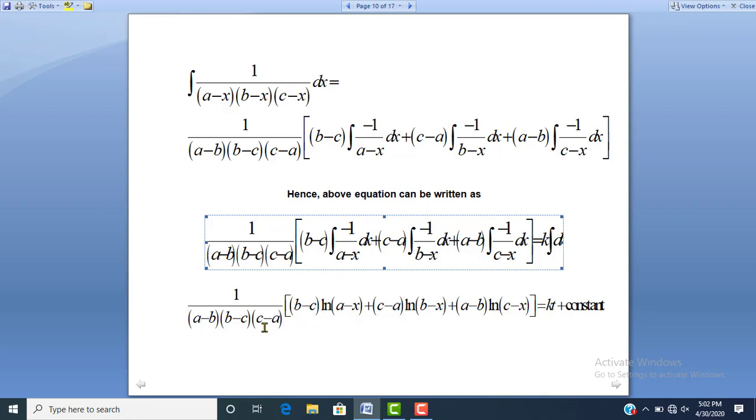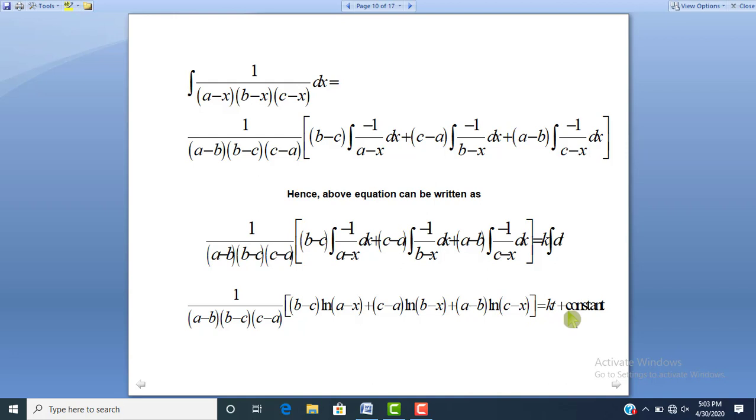So this equation, at the end of this slide, you can compare with this equation: inside the bracket, (b minus c) natural log of (a minus x) plus (c minus a) natural log of (b minus x) plus (a minus b) natural log of (c minus x) is equal to kt plus c. Students, here t is present, here it is missing, please write t here. And this is the constant.